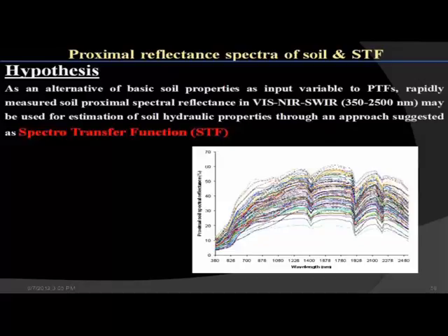So as I told you, from the spectral reflectance pattern one can estimate all those parameters like organic carbon, bulk density, texture. Then from this spectral data I should also be able to develop the hydraulic conductivity and van Genuchten parameters using a similar kind of function, which is called a spectro transfer function.